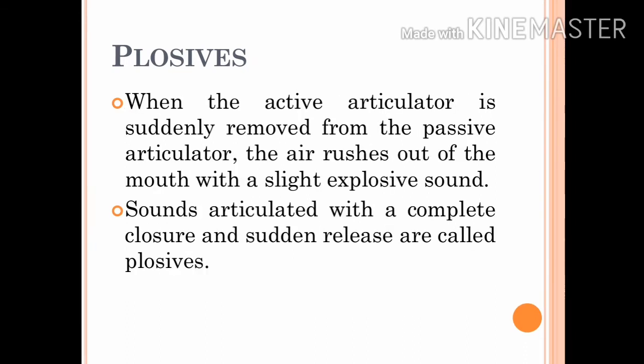The air from the lungs is thus imprisoned behind the two closures. When the articulators are suddenly separated and the oral closure released, the air escapes with a small explosive noise. Sounds thus produced with a stricture of complete closure and sudden release are called plosives.